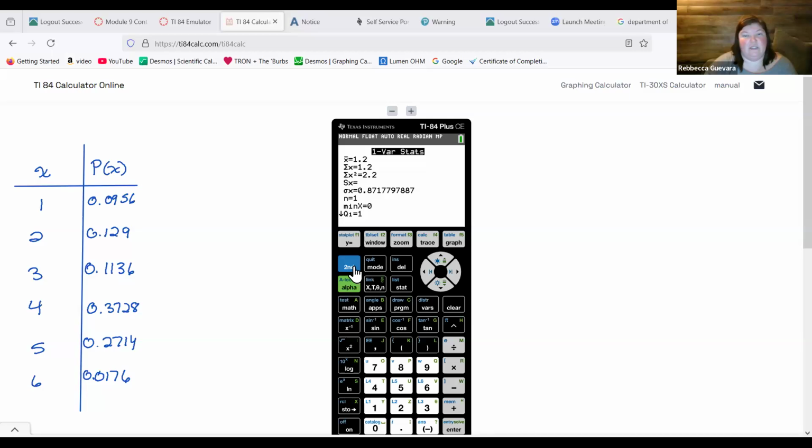All right, so let's clear out my screen here. Go to stats, go to edit. Remember, if you clear out the list, go to the top, hit clear, enter. You don't always have to clear the list. You could also just enter each value right on top of everything, and it'll just cover what was behind it. So we put in my variables and then their probabilities.